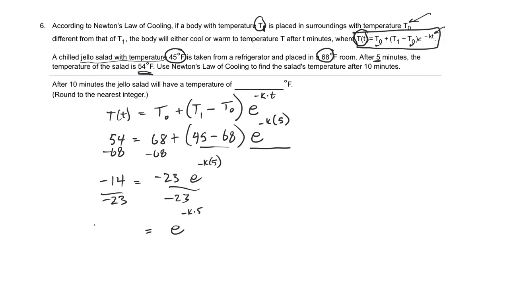0.609, call it 0.609, and then change it to log form. Log base e of 0.609 is equal to negative k times 5. And so let me do that.